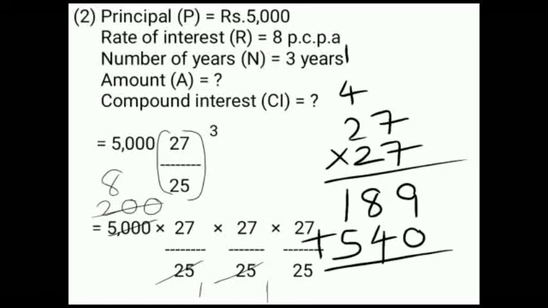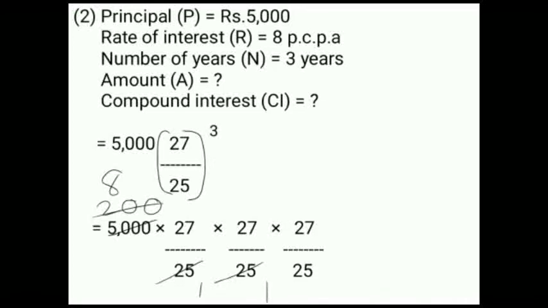Now add this. 27 square is 729. Now you have to multiply 729 into 27, because first I multiplied square of 27, I am getting 729, and then you have to multiply the third 27.